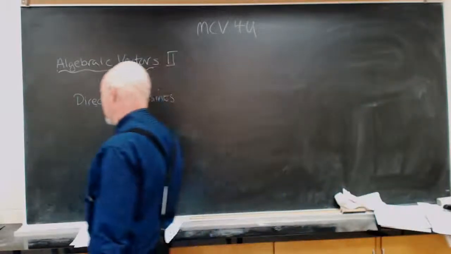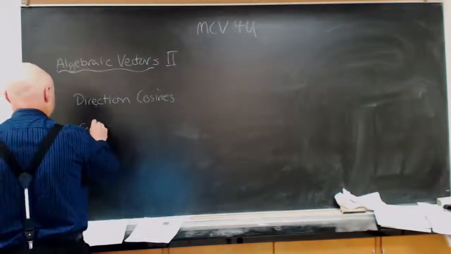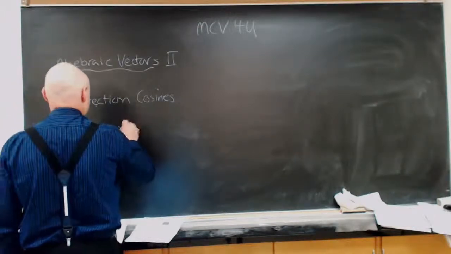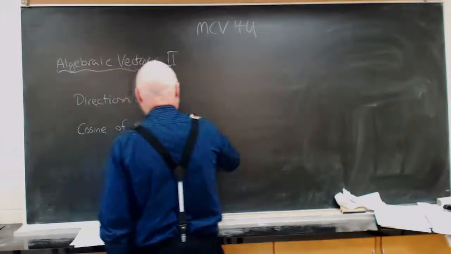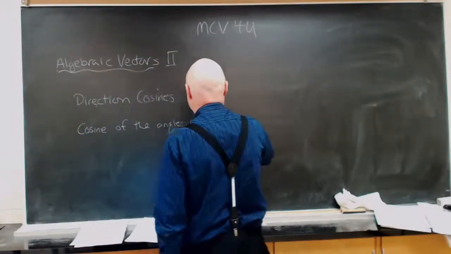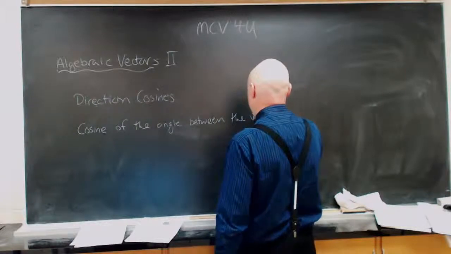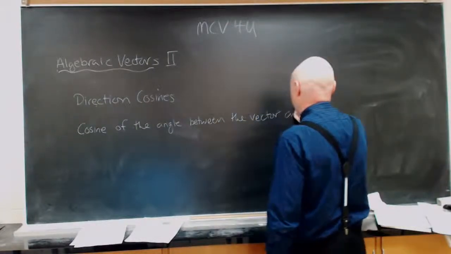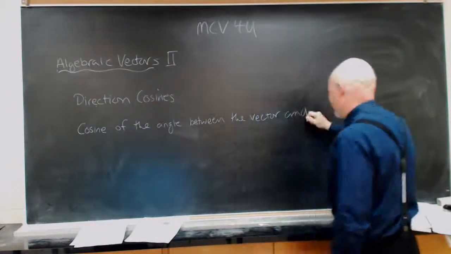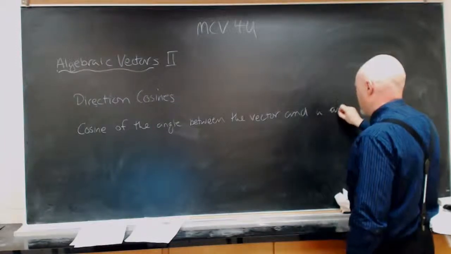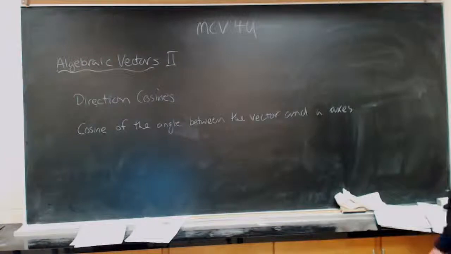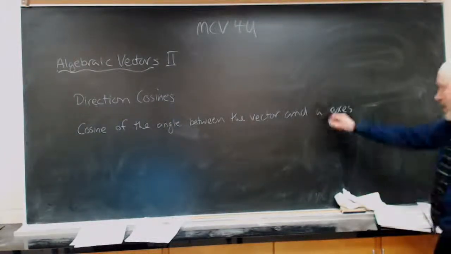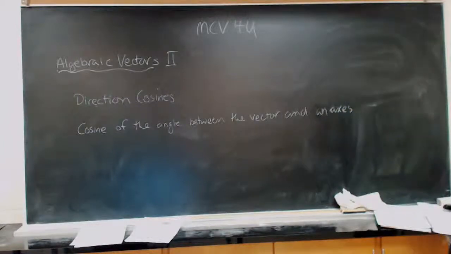Okay, so direction cosines. It's the cosine of an angle between the vector that we're interested in and an axis, and I hope I spelled axis right.